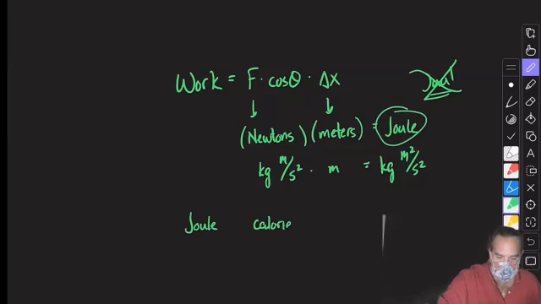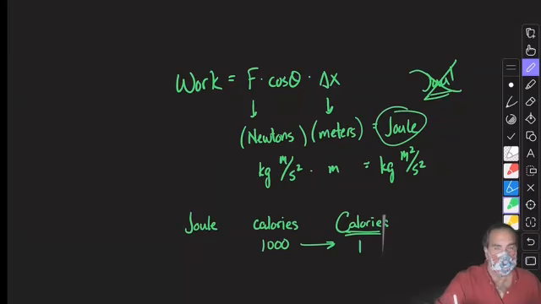You had two kinds of calories, I believe, right? You know the difference in big C calories and little c calories? These are the ones that are in food, and it takes 1,000 of these to be one of these. If you don't remember that, you'll need it for my class.